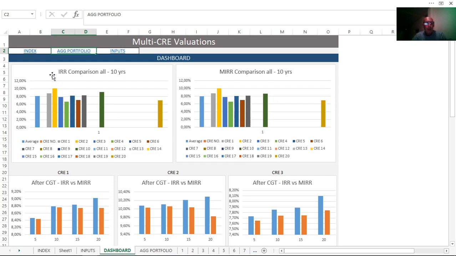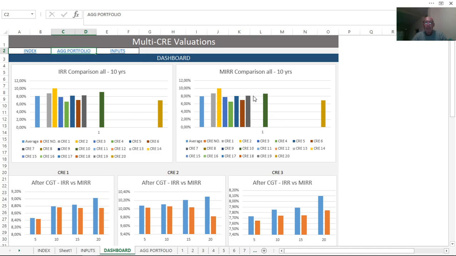We've got, for example, an internal rate of return comparison of all of them over a 10-year period, so you can quickly see which investments or proposed investments are outperforming and those that are underperforming. Modified internal rate of return, I prefer to use modified internal rate of return because your positive cash flows are invested at a more realistic rate as opposed to the internal rate of return.